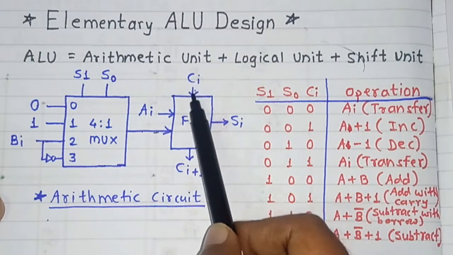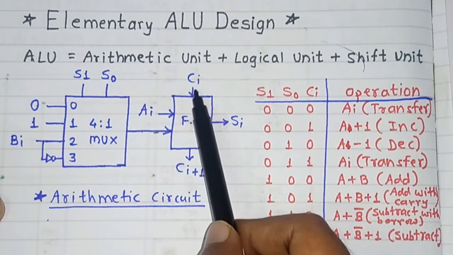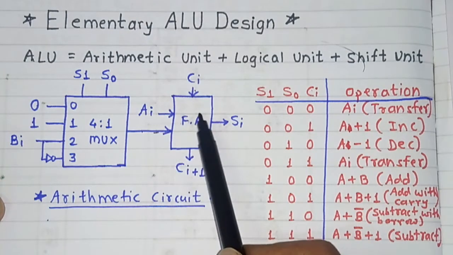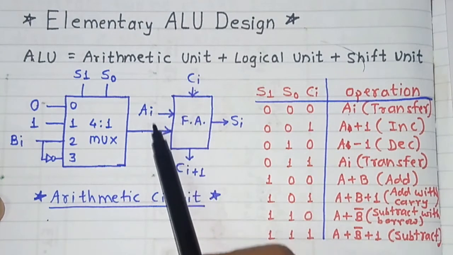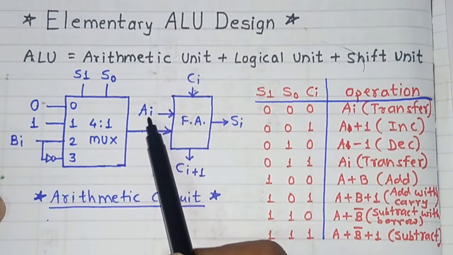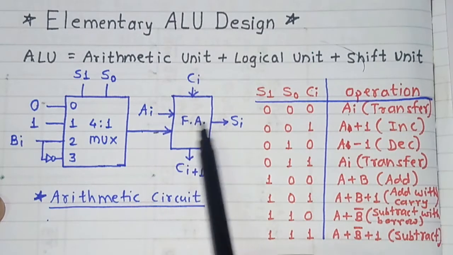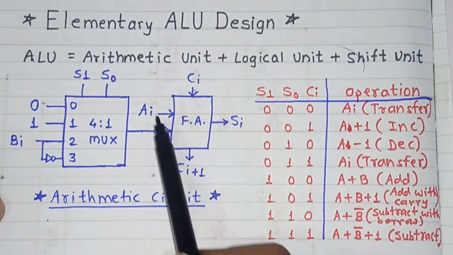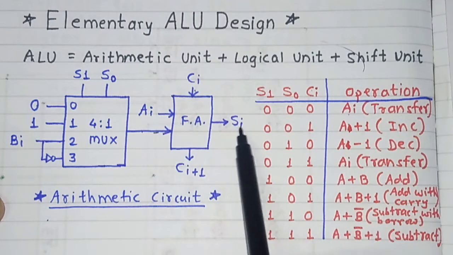Then CI should be made 0, so the full adder will perform 0 plus AI plus 0. That means we are performing the transfer operation, so AI will be transferred to SI.